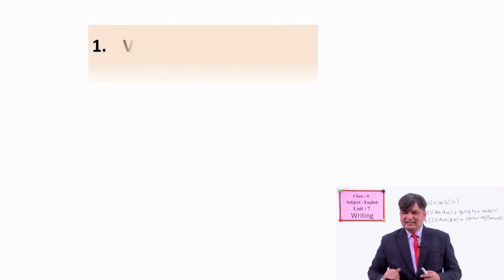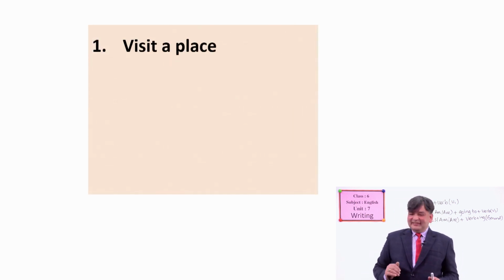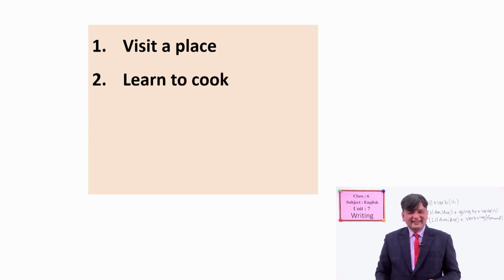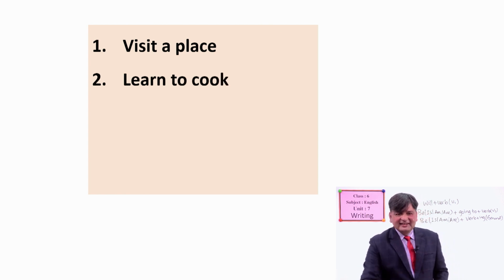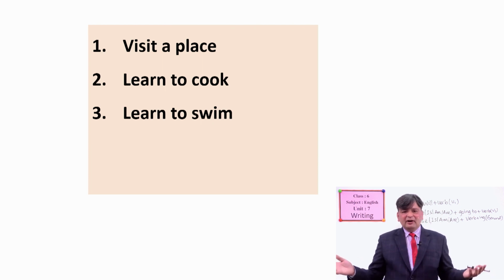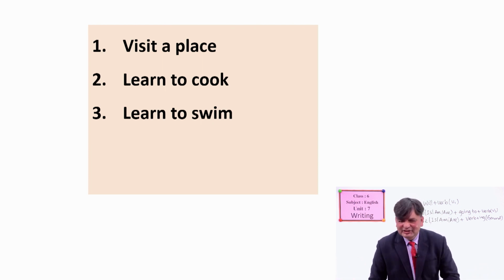So, what you can do is, the first thing is visit a place. Good. The second is learn to cook. You like cooking. Good. And then learn to swim. This will be the beginning of spring season or beginning of some hot days, so you can enjoy swimming.